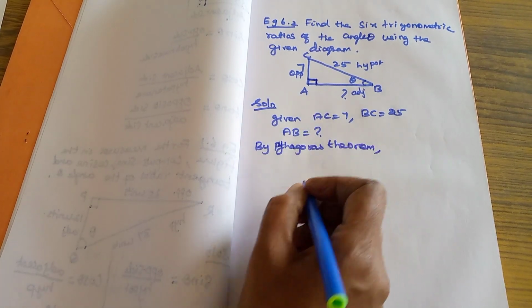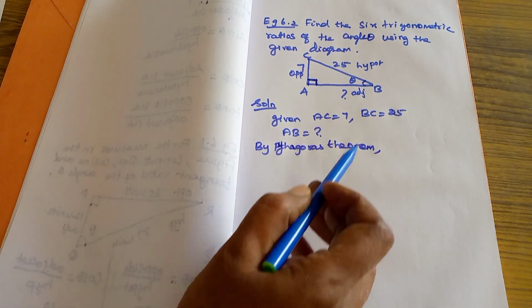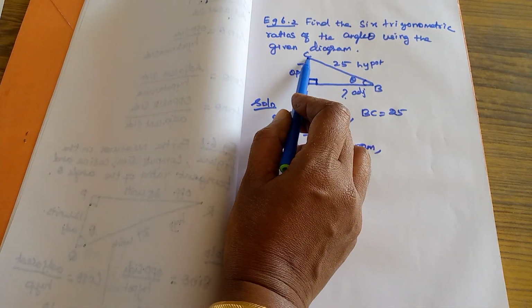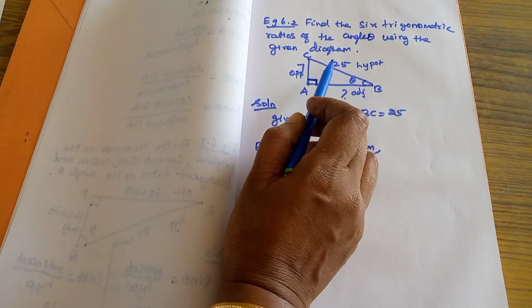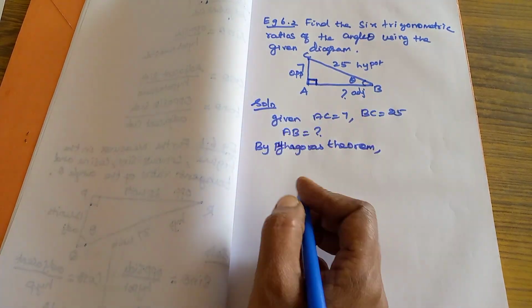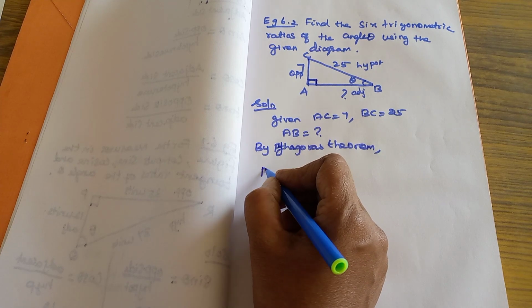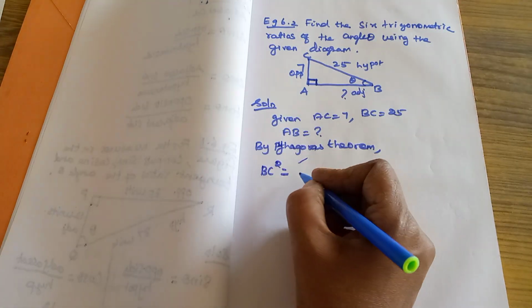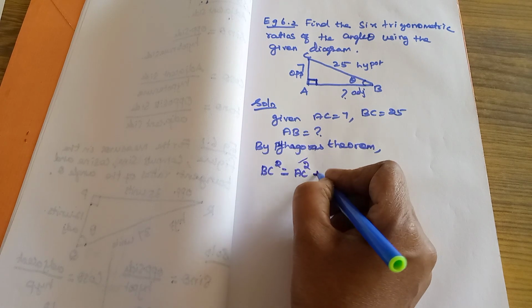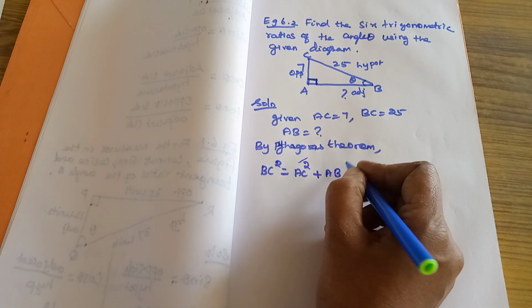What is the Pythagoras theorem? In 8th standard you learned that the square of the hypotenuse is the sum of the squares of the other two sides. The hypotenuse here is BC. So BC square is equal to AC square plus AB square.